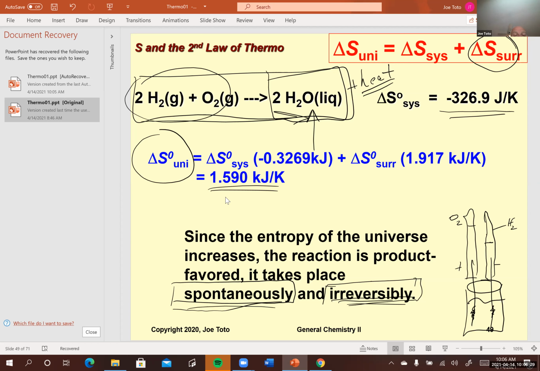That just means that it's going to take place without external influence. We don't know how quick it's going to happen. And irreversibility doesn't mean that you can't reverse it. It just means that when you do reverse it, it's going to cost you more energy than you could have extracted from the natural process.